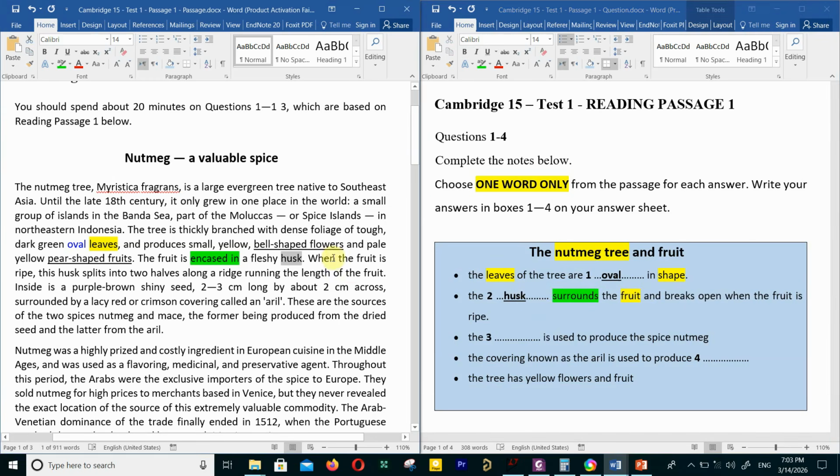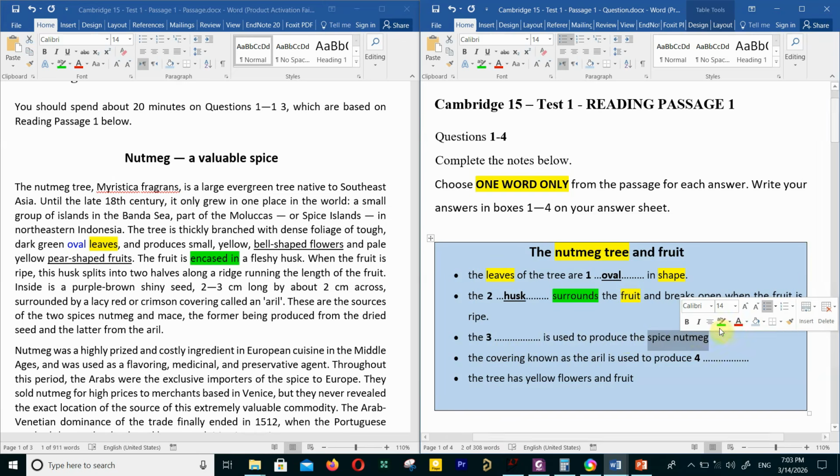So next question, question 3. The blank is used to produce the spice nutmeg. Because of is and this the, you need a singular noun here. Production of the spice nutmeg.